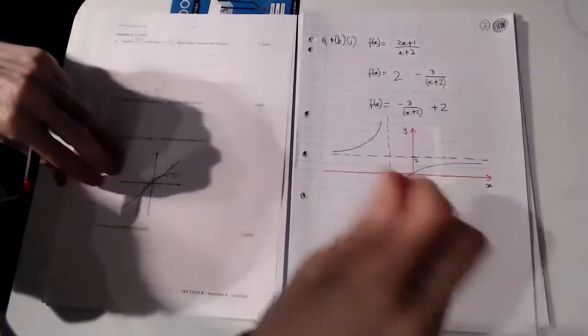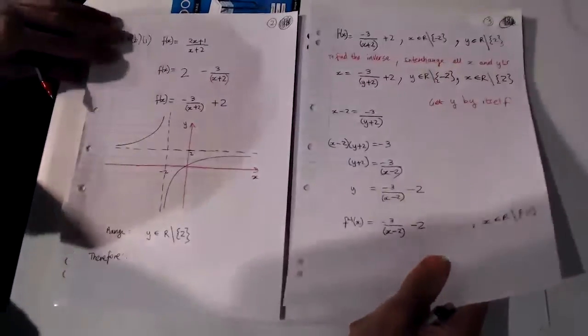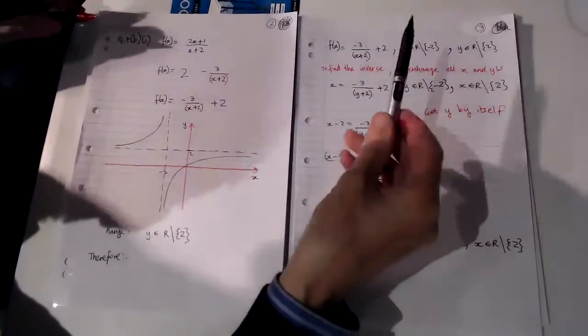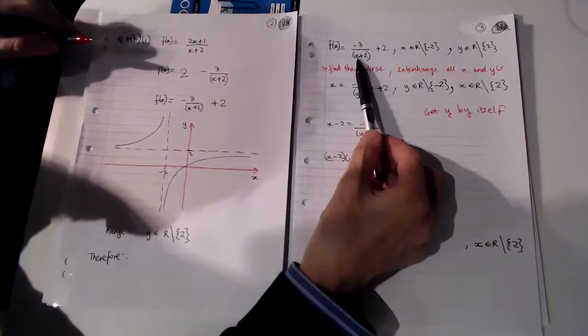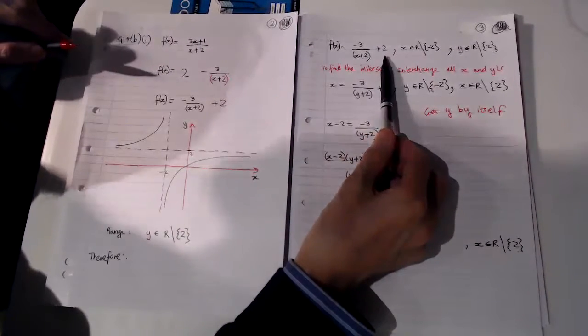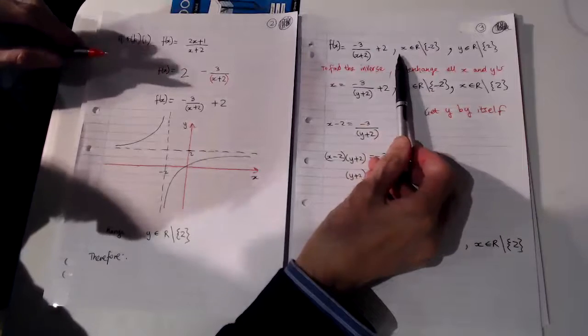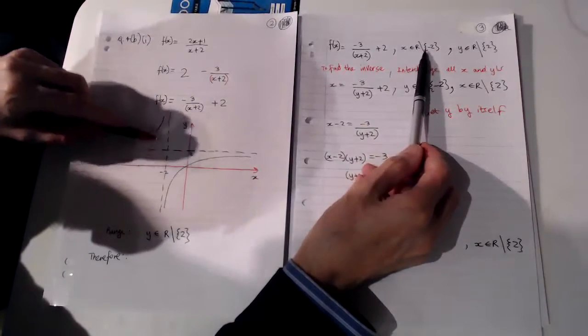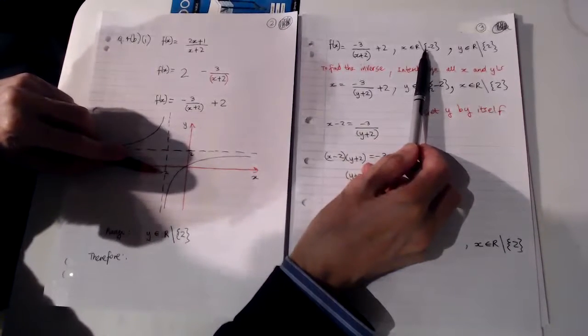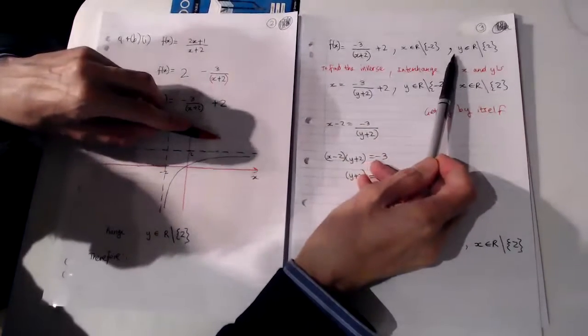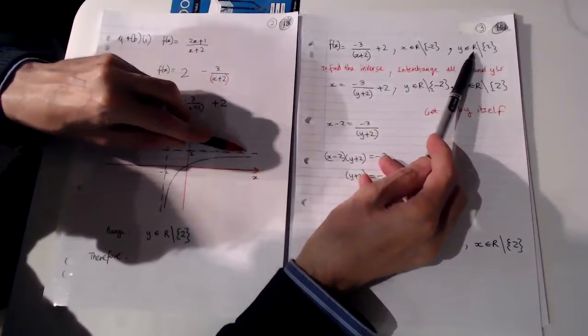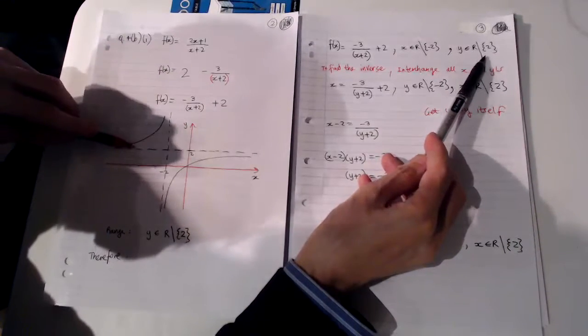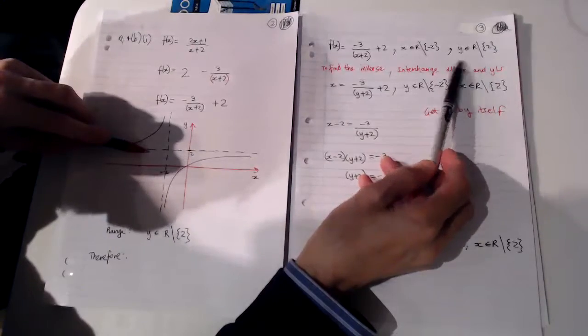So therefore, from that information, we can go on and say that the original function, which is -3 on (x plus 2) plus 2, has a domain equal to the set of real numbers except -2 as stated in the question, and it has a range of y element of real numbers except y equals 2.